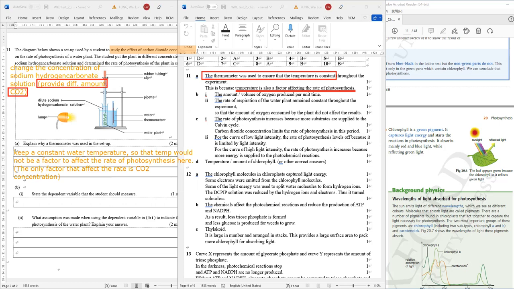Okay, so for part B, dependent variable. Dependent variable is talking about how much we measure at last. What is the factor that we measure after the experiment to show the rate of photosynthesis?